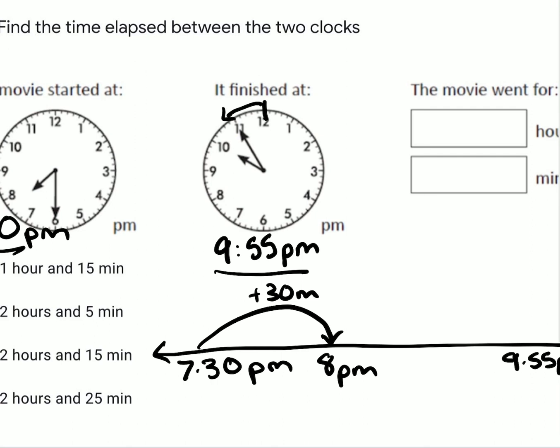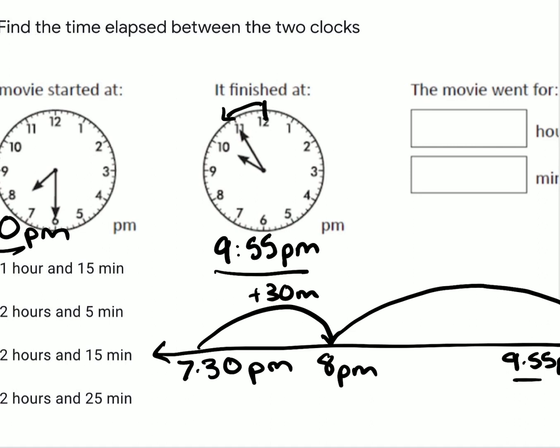And from 8 p.m., we need to get to 9:55 p.m. There's 2 ways of doing this, actually. You could go past 9:55 p.m. if you wanted to. You could say 9:55 p.m., that's really close to 10 p.m. Let's try that. Let's go to 10 p.m.